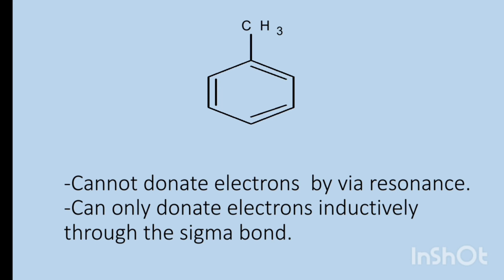That is why they are called weak, because they cannot donate electrons by resonance like the strongly and moderately activating groups. But we should note that these groups also direct the incoming electrophile to the ortho and para positions. They are also called ortho-para directors because they direct the electrophile to the ortho position and the para position.